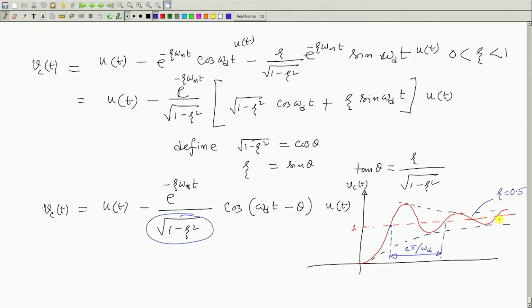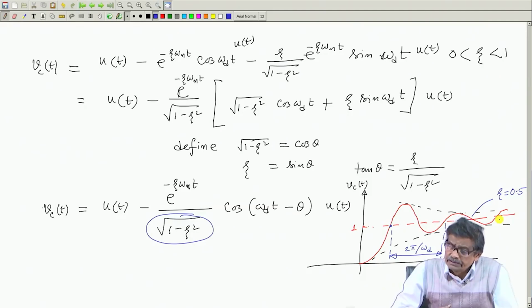So, depending upon the relative values of R, L, C of a second order system, the capacitor voltage may sustain the oscillation forever, provided there is no resistance present.